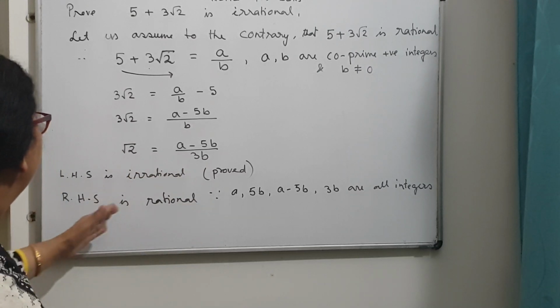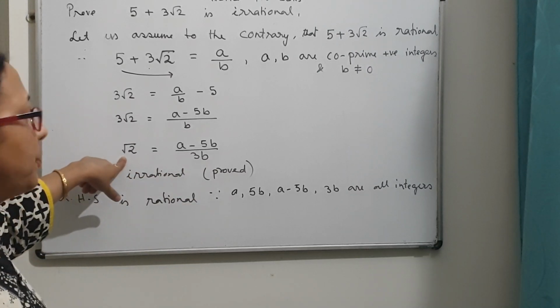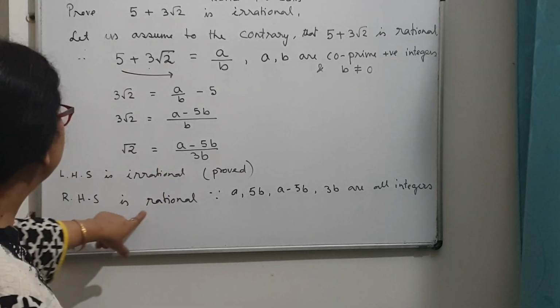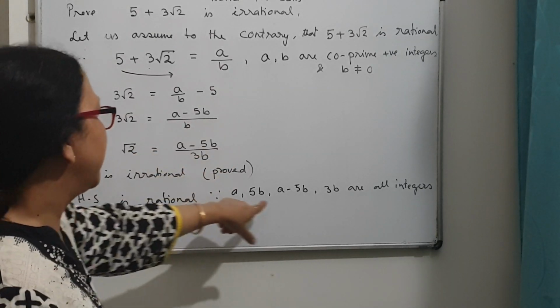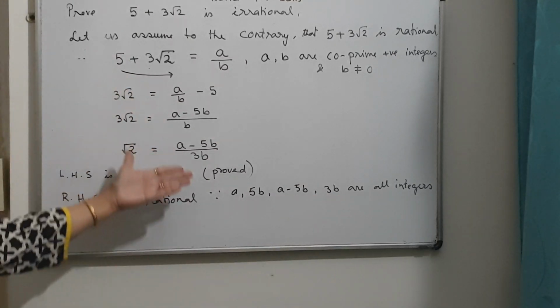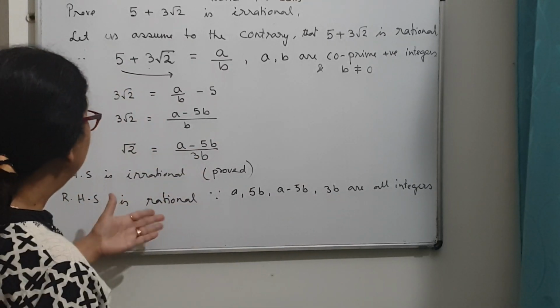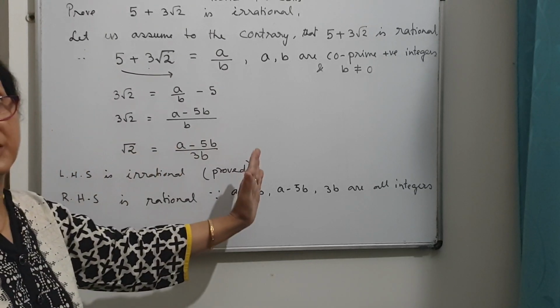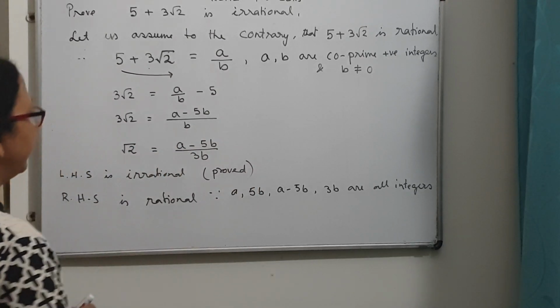So what I see is, the LHS is irrational, which we proved in the last class, and the RHS is rational, by the reasoning I have shown you. So how can that be possible? It is again a contradiction. It cannot be an equation like that. One side is irrational and the other side is rational. It's not possible, so it's a contradiction.